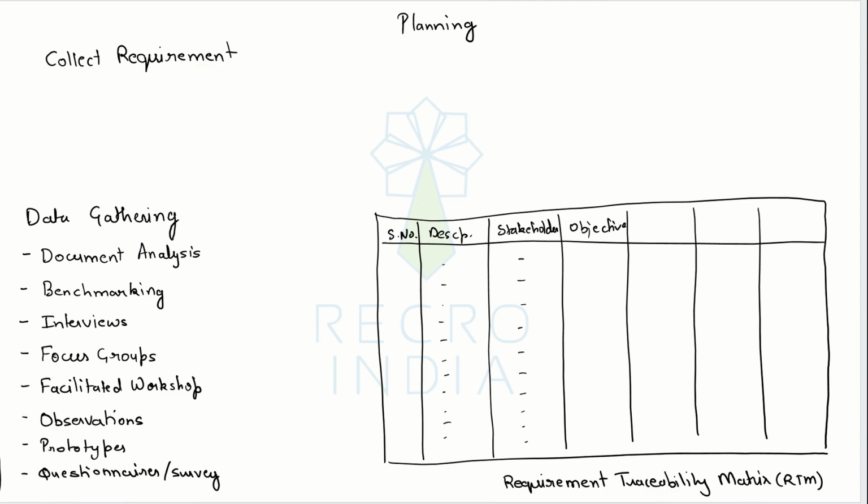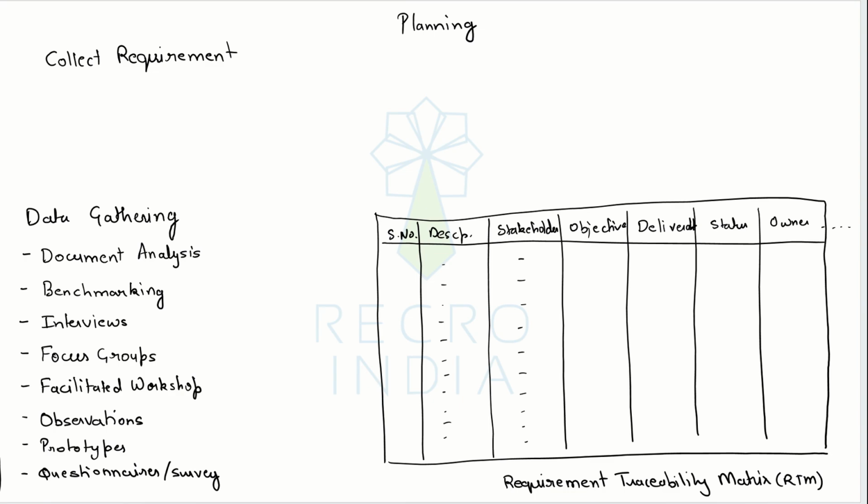Towards the end of the project, when the requirement is finally delivered, it is not matching the expectations, and then we have to go back and rework some of those things. So to prevent this kind of mismatched expectation, we can have this objective defined to help the team better understand the requirement. There can be many more columns here, like deliverable, status, who's the owner of this requirement, and so on.